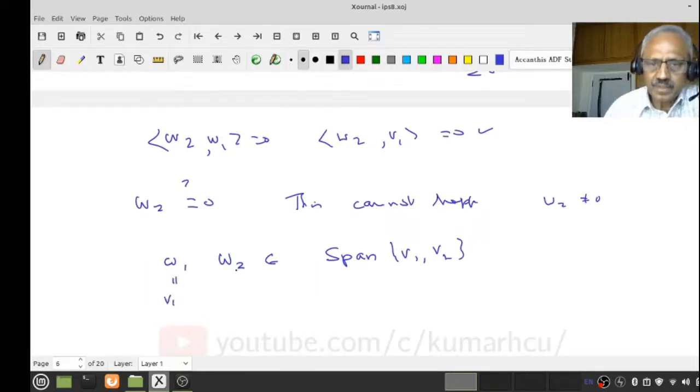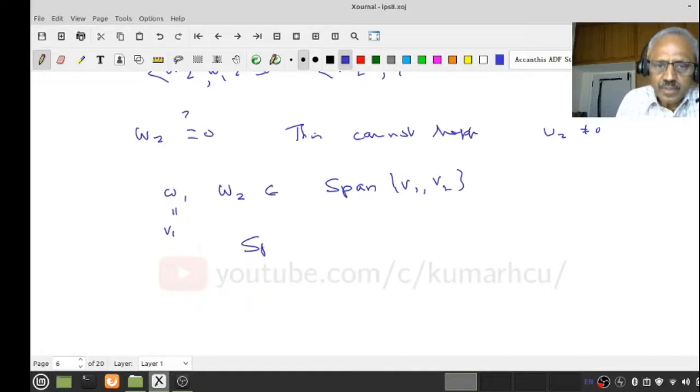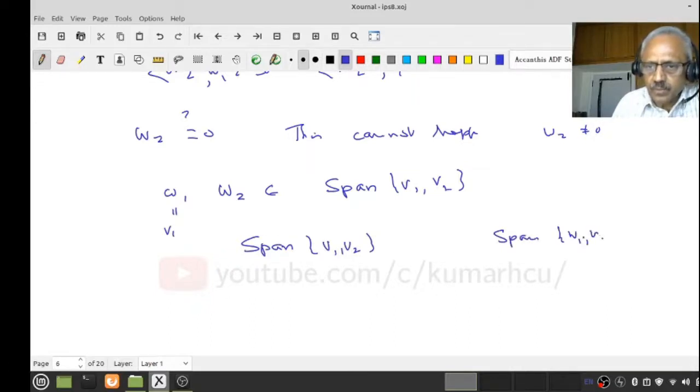Therefore, what do I conclude? The span of v1, v2 contains the span of w1, w2, because w1, w2 belong to it. Is that clear?